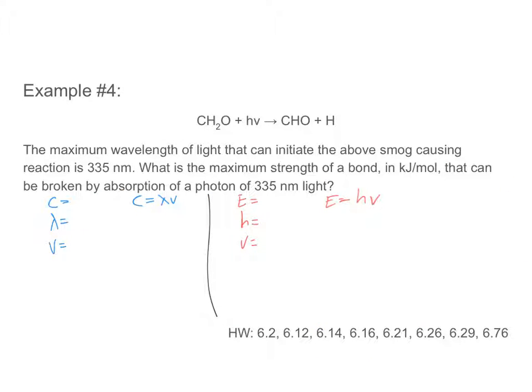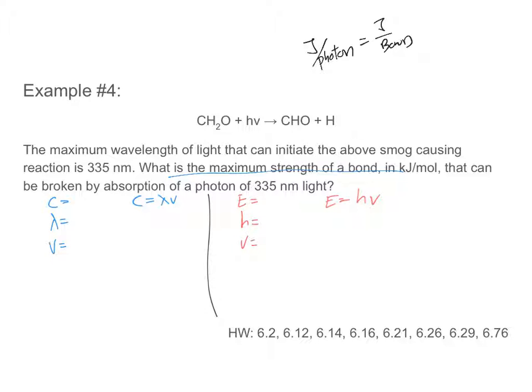Now I've got one more example that I need to get through before I set you free. Couple of things about this problem. When I ask what is the maximum strength of a bond, I need to know that I'm talking about joules per photon, which also means joules per bond, and that's important to think about in a couple of minutes.